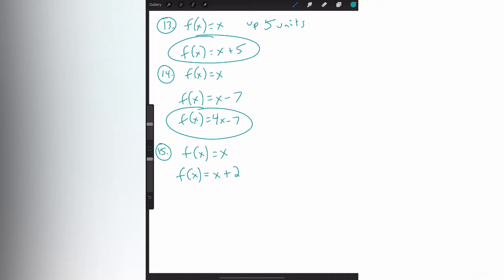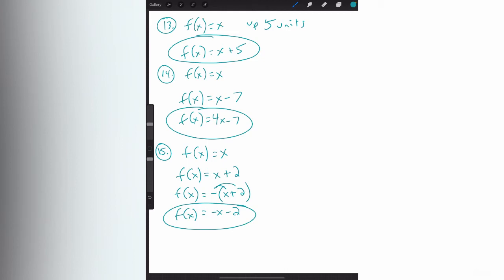And if you remembered, the reflection in the x-axis would be by putting a negative out in front and then distributing that negative across. So f of x equal to negative 1 times x is negative x. Negative 1 times 2 gives me negative 2. That's what I got, and that's how I get number 15.